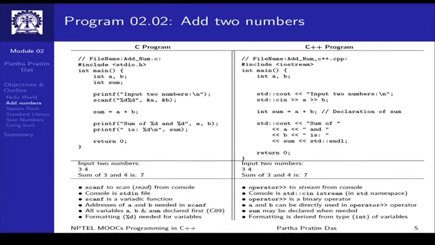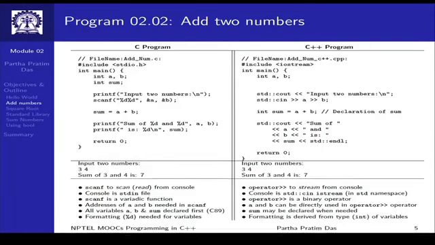We move to the next program, where we are illustrating a very simple arithmetic program which has 2 variables a and b and adds them to generate their sum. The values of these variables are read from the console again, which in C is stdin, and we use the scanf function, which all of you are familiar with, with the format string.